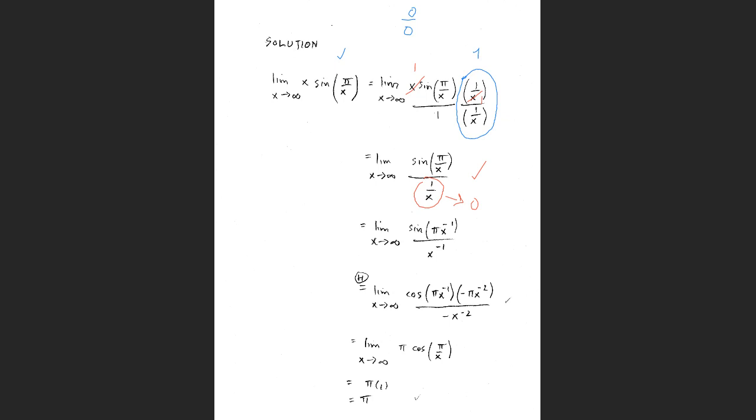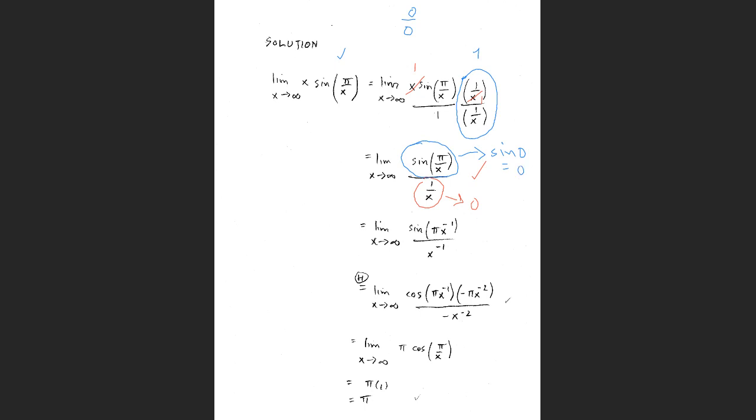Very good. Now, what about the sine of pi over x? What's that going to approach? That's going to approach the sine of 0. But what's the sine of 0? 0, right?